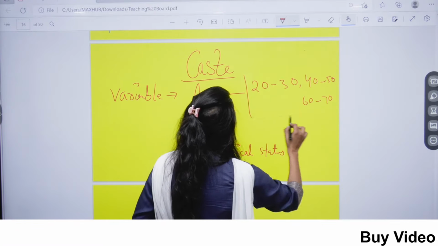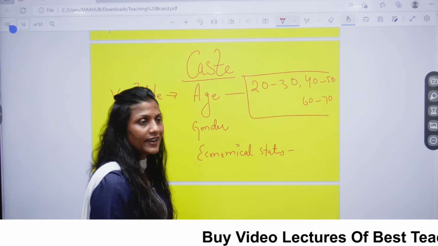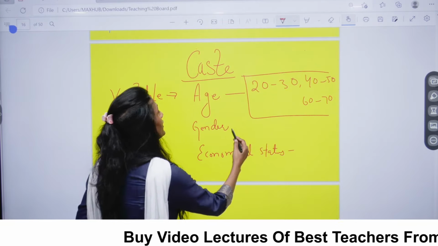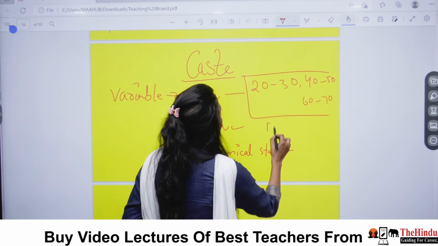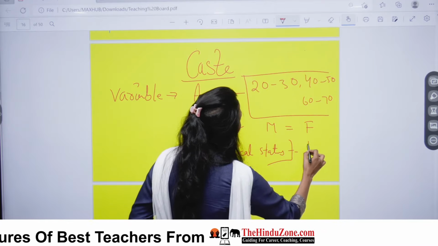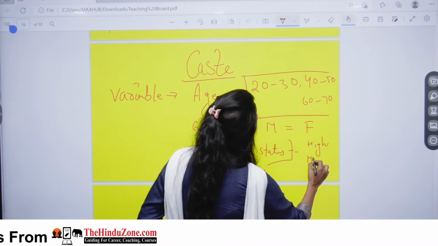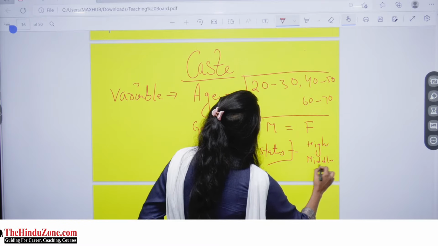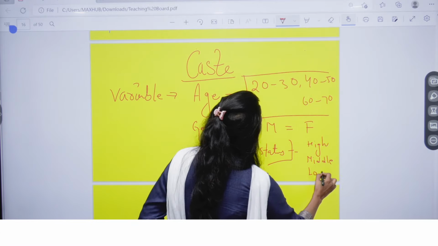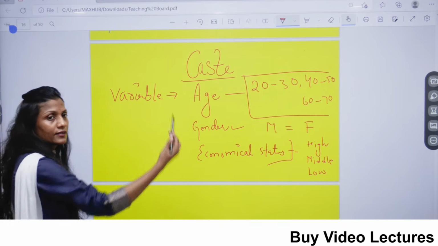So I will try to understand the experiences of caste on the basis of their age groups. Similarly, males and females, and similarly economic status: high, middle, or low. All right. So these are my variables.